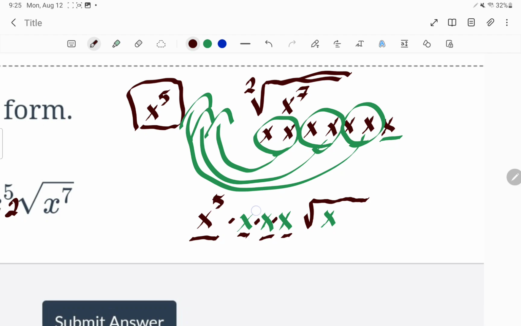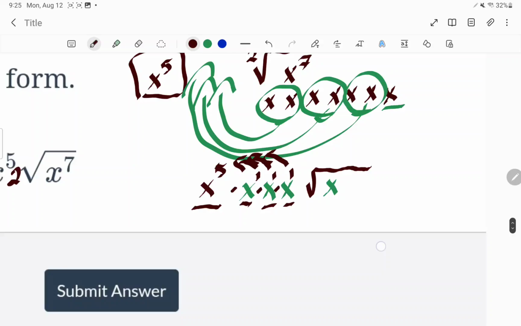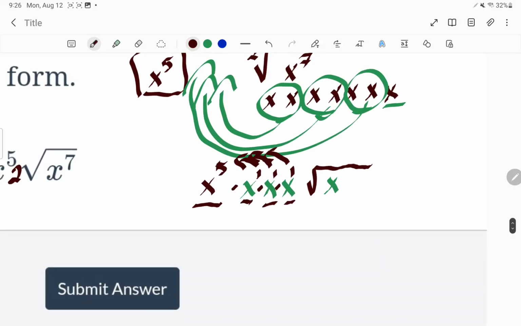Technically there should be an exponent of 1, exponent of 1, and exponent of 1. We're going to grab each one of those exponents and add them to that exponent. So instead of having x to the 5th power, we're going to have x to the 6th, 7th, 8th power.